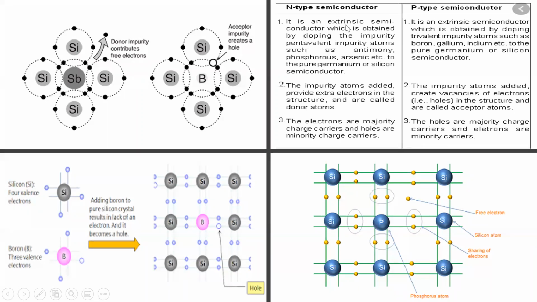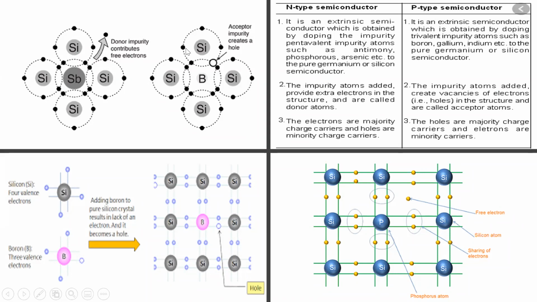It is an extrinsic semiconductor which is obtained by doping pentavalent impurity atoms such as antimony, phosphorus, arsenic, etc., to the pure germanium or silicon semiconductor.